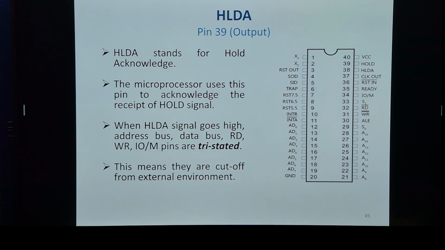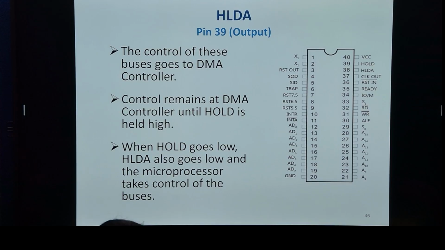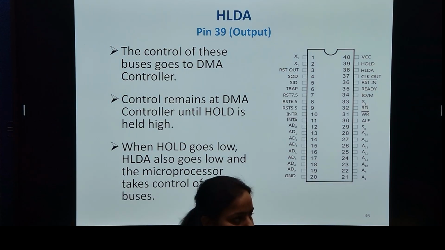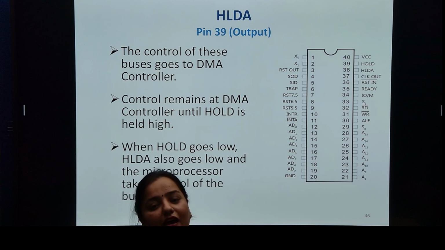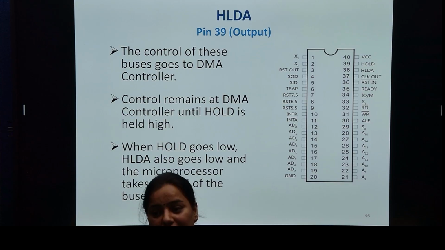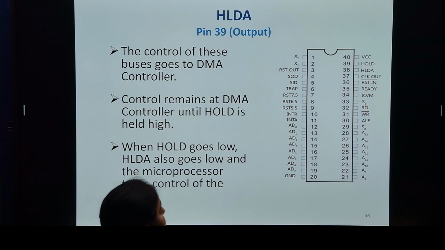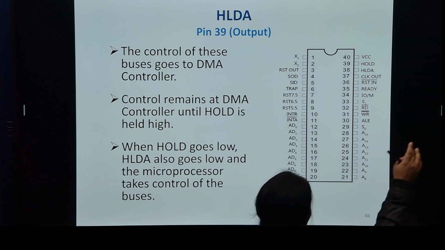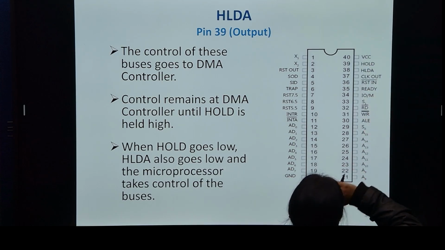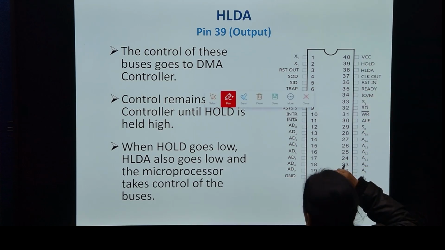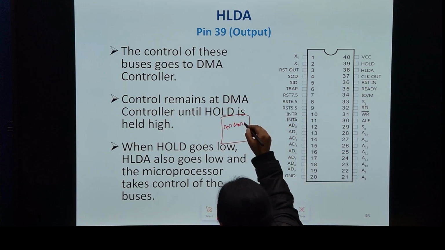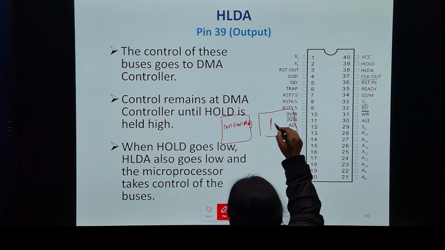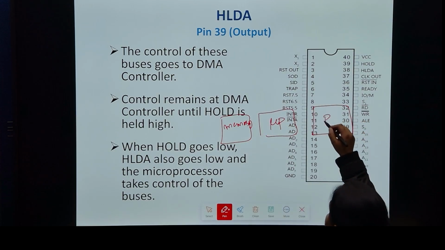Then the next pin is your hold acknowledgement pin. Whenever the microprocessor provides a hold signal, that means the microprocessor is releasing the buses and stopping its own working. Then a hold acknowledgement signal is provided to that peripheral device. This is your memory, here is the microprocessor, and then the peripheral device.